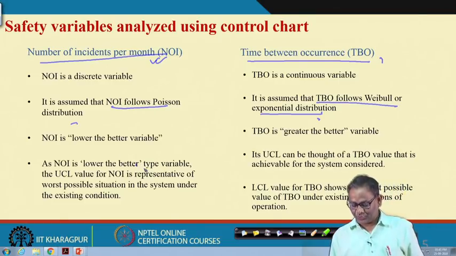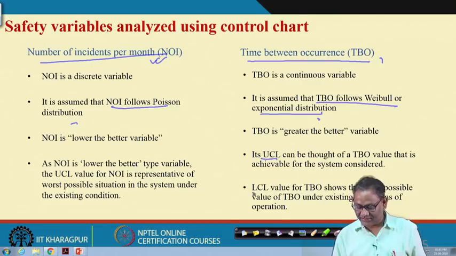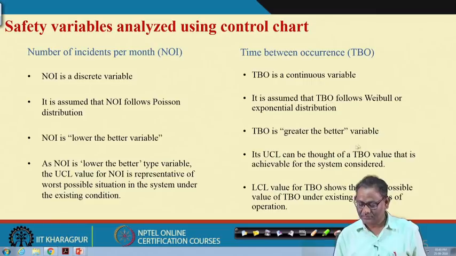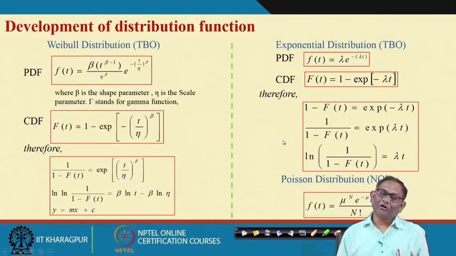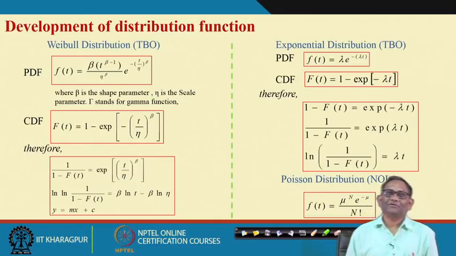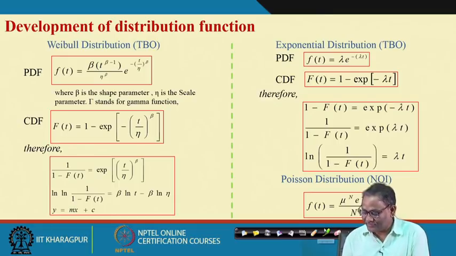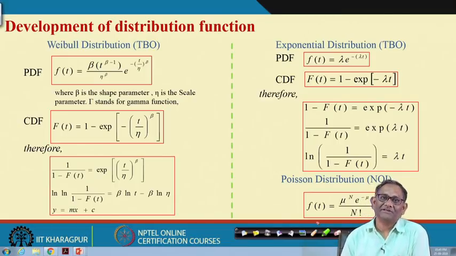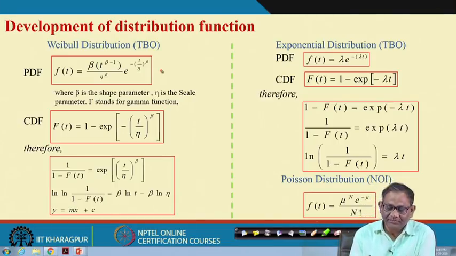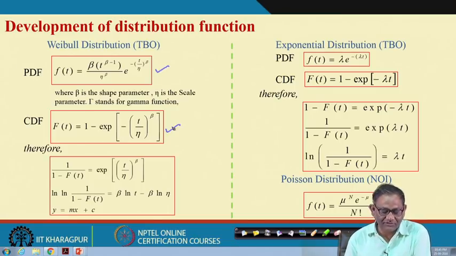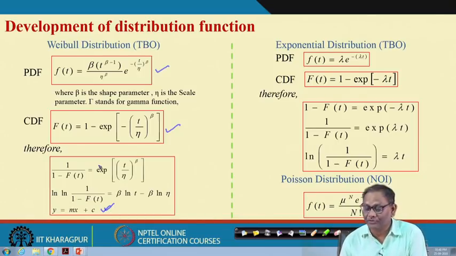Okay. So, let us see how UCL and LCL are computed. All of you know the Weibull distribution and exponential distribution. You have seen this while quantifying the basic events. This is the PDF for Weibull distribution, this is the CDF for Weibull distribution, and this kind of plotting we have also given to you.